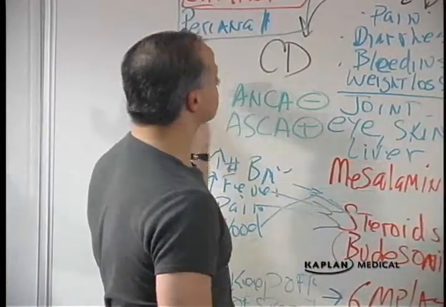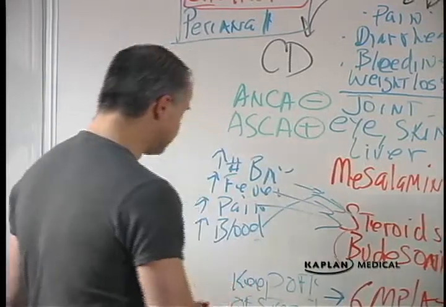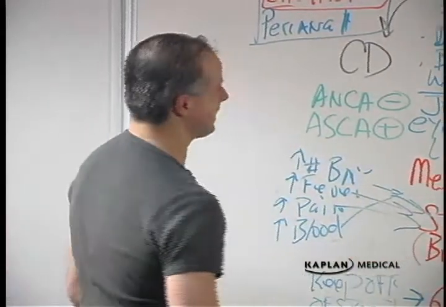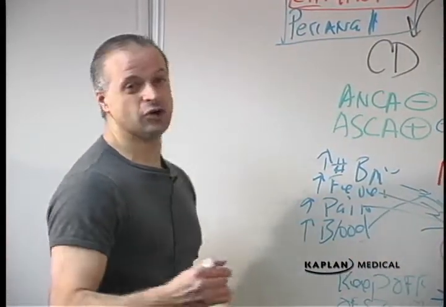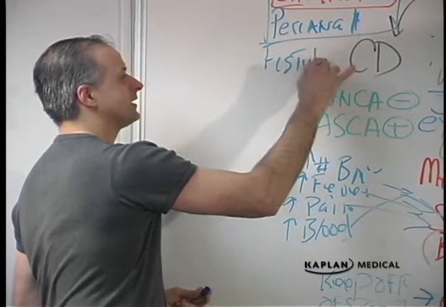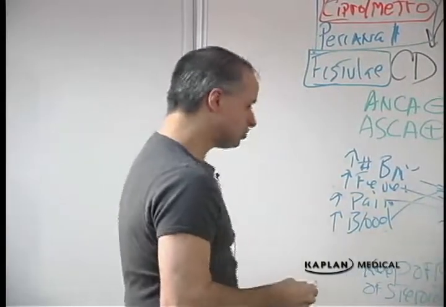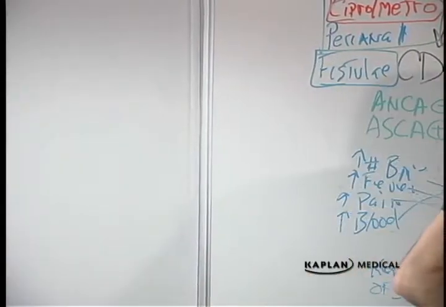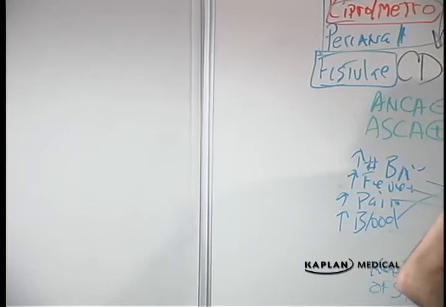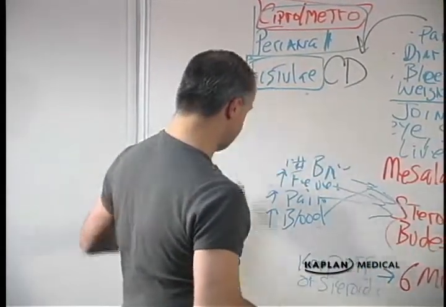Well, what's the difference between these diseases then? Well, Crohn's disease has a big thing that ulcerative colitis does not do. Crohn's causes fistula. That is a big deal. Crohn's causes fistula formation because Crohn's is a transmural disease.